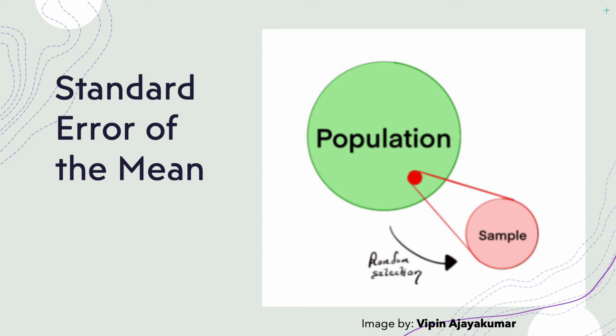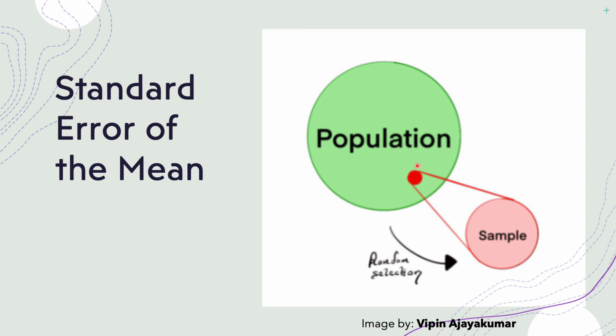The standard error of the mean describes how precise the mean of a sample is as an estimate of the true mean of the population. The larger the sample, the smaller the standard error of the mean. This is to say that if we have an entire population, we're never going to sample the whole population.